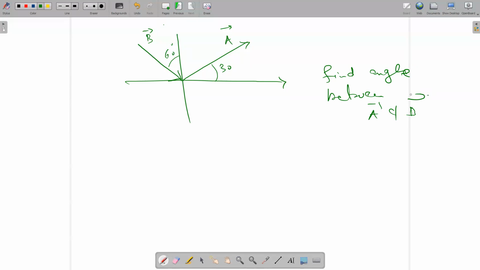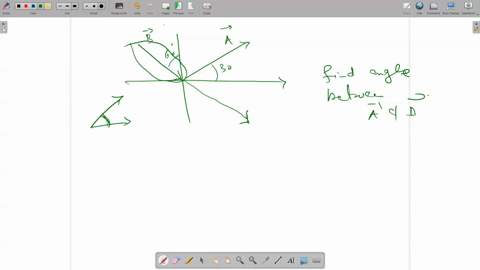So what will you do? Remember, you have to make the two vectors in this style to find the angle between them. So you will extend this line like this one. And now this is the shifting. Here I told you that you can shift the vectors. The vector is actually here; I shift this vector in the same way onto the next line.